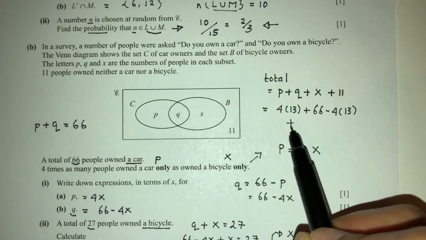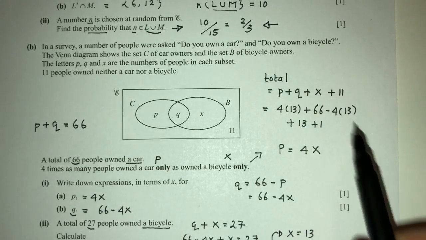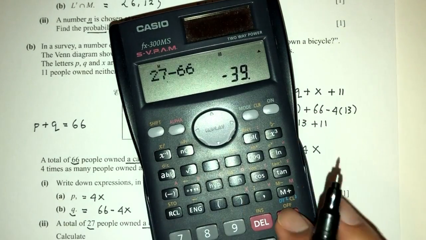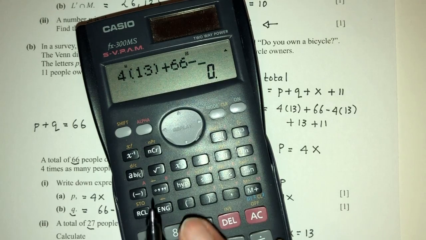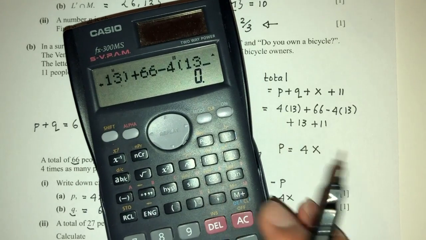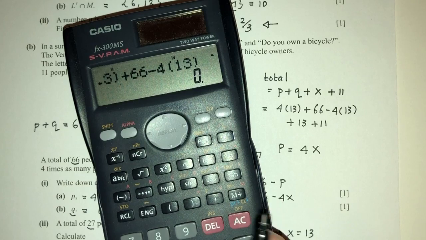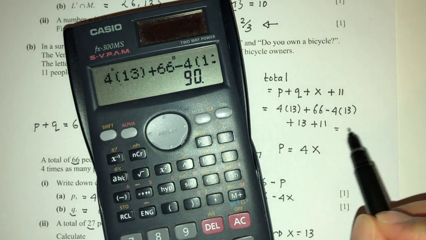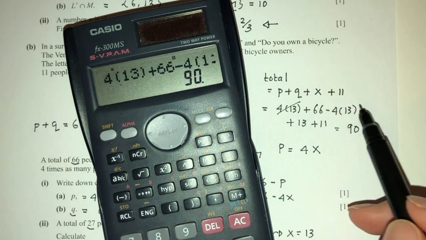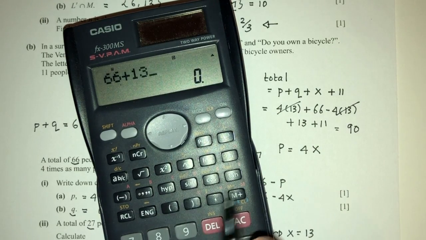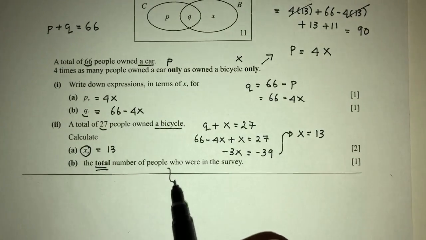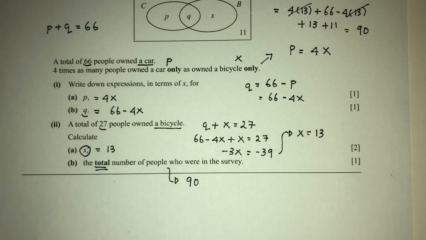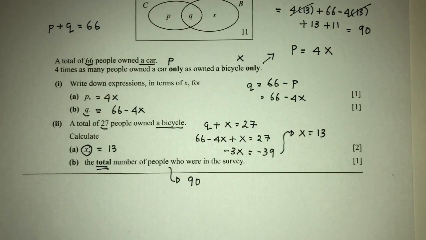And then we have to add X again, and then plus 11. Let's see how many people we have. 13 plus 66 minus 4 times 13 plus 13 plus 11. That will be 90. This will cancel out. Yep, 90 people. So together we have 90 people who were in the survey. And that will be your question number 4.